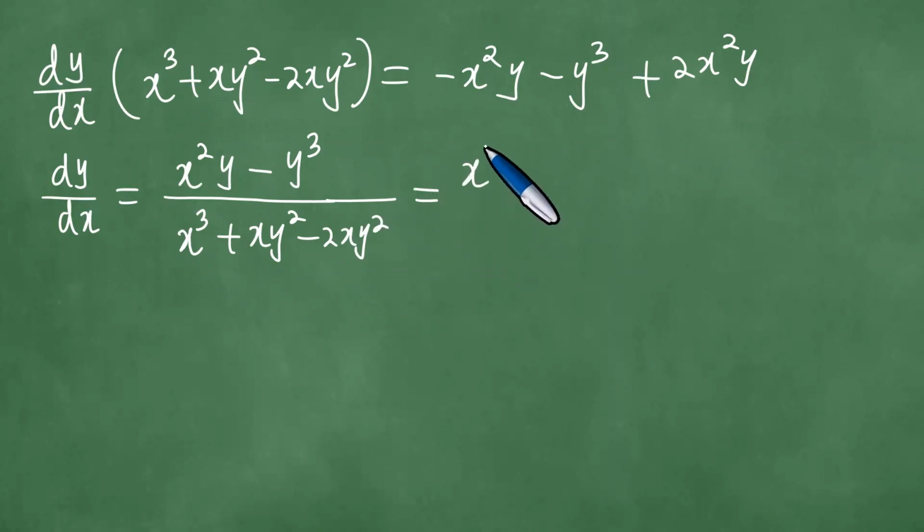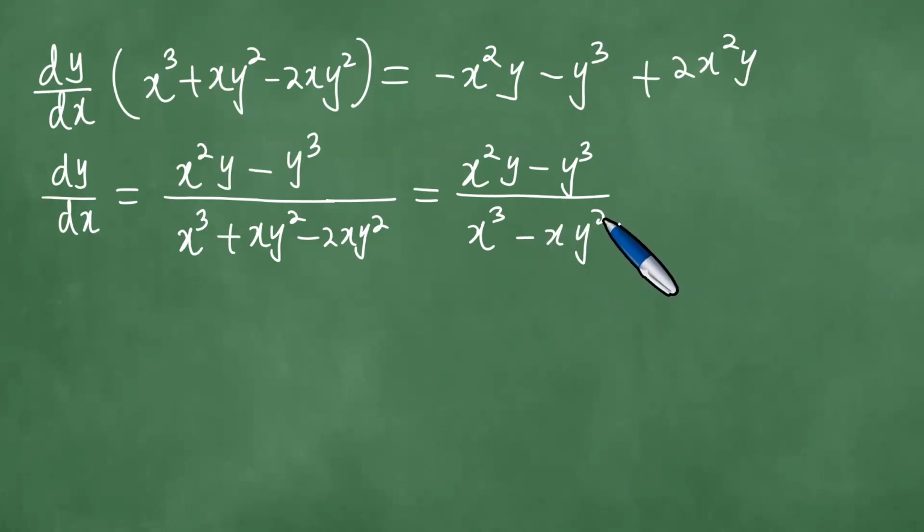And this is x squared y minus y cubed divided by x cubed minus xy squared.